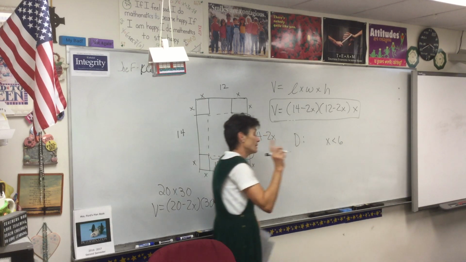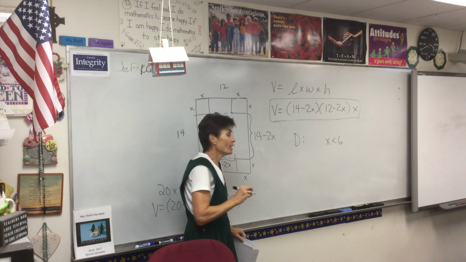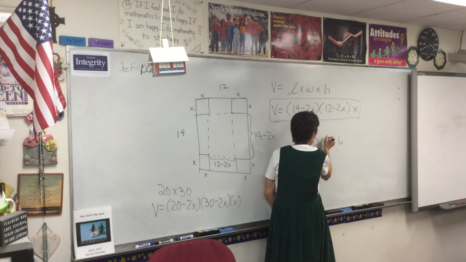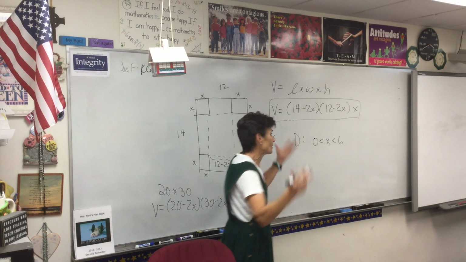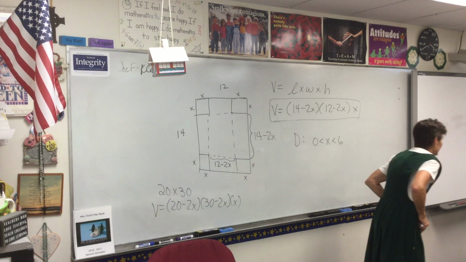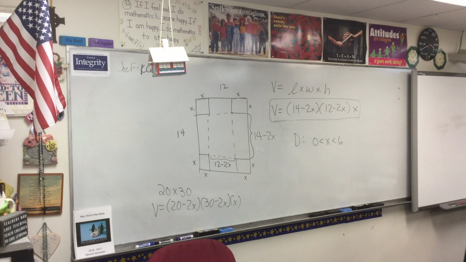Now, it also has to be bigger than 0, because x can't be a negative number. You cannot rip off negative 2 inches, right? So whatever x is, it's bigger than 0, it's positive, but in this case, it's less than 6.